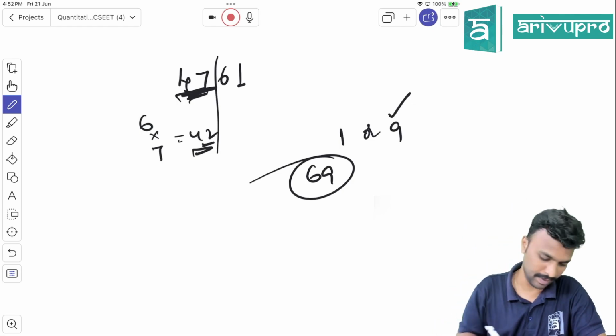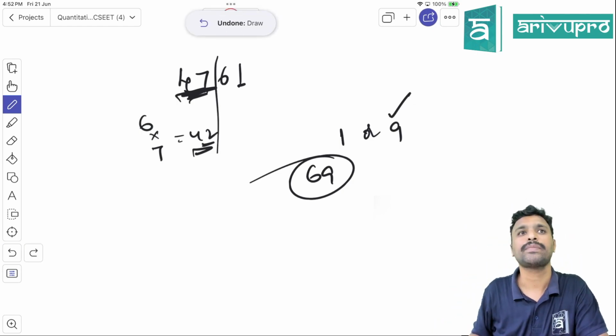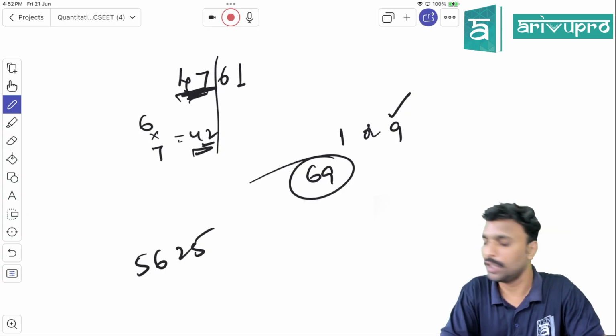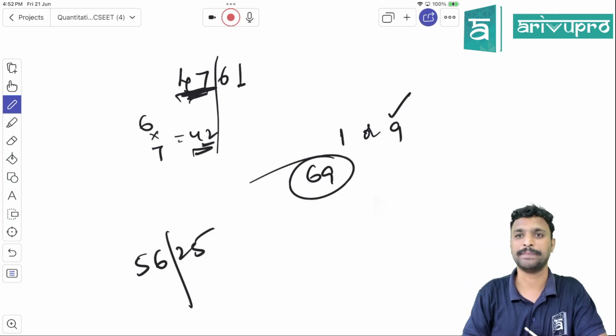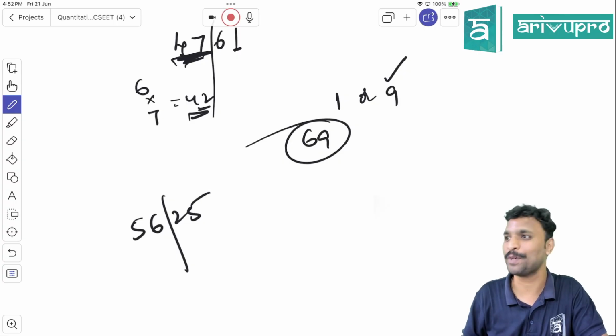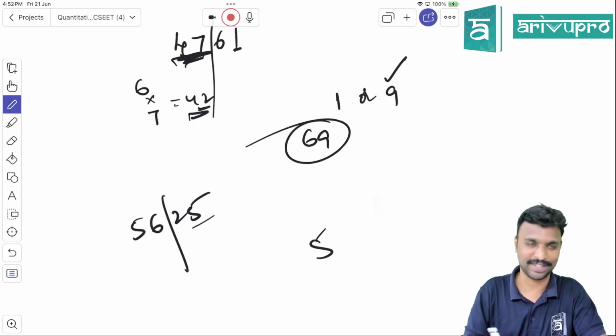For example, 5625. Split this. Here there is no other possibility, because you have only one possibility. 5 means only 5.